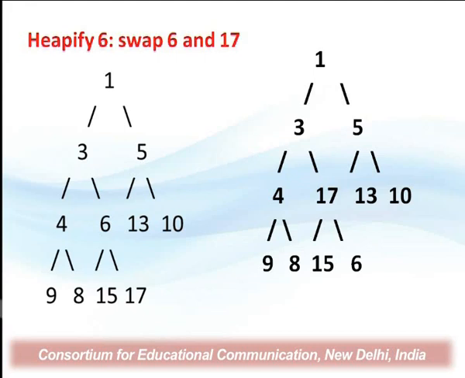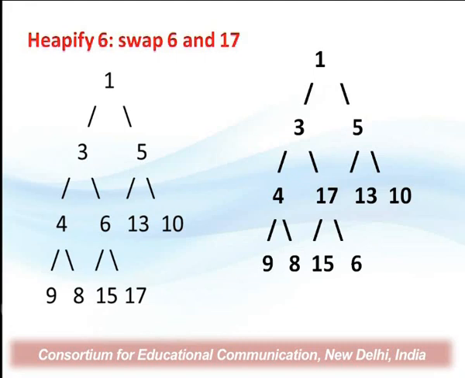We attained this by swapping 6 and 17, and this process is what you call heapifying a particular element or node. So here we have heapified 6 by swapping 6 and 17.